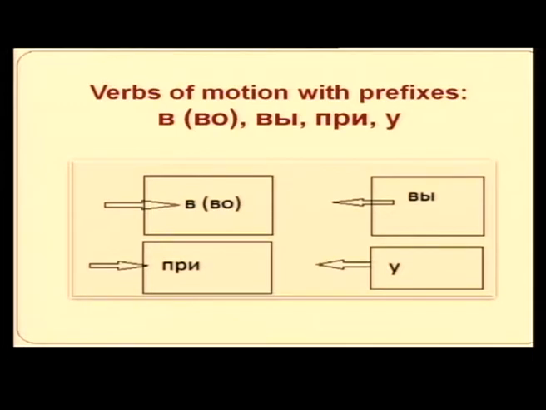That is why the arrow is entering the picture here, whereas vi is represented with an arrow which is going out, which means exit. Pre means to arrive and u means departure. These prefixes like v, vi, pri and u are used widely only with verbs of motion.